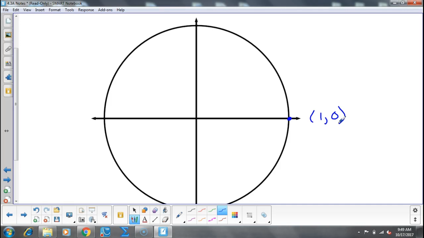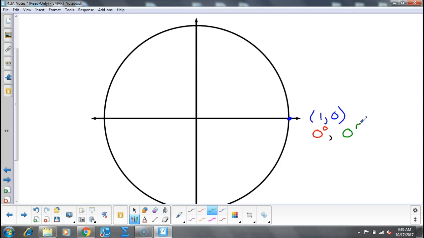In trig, that is at 0 degrees or 0 radians. The symbol for a radian is, instead of the degree symbol up in the exponent spot, an R up there.